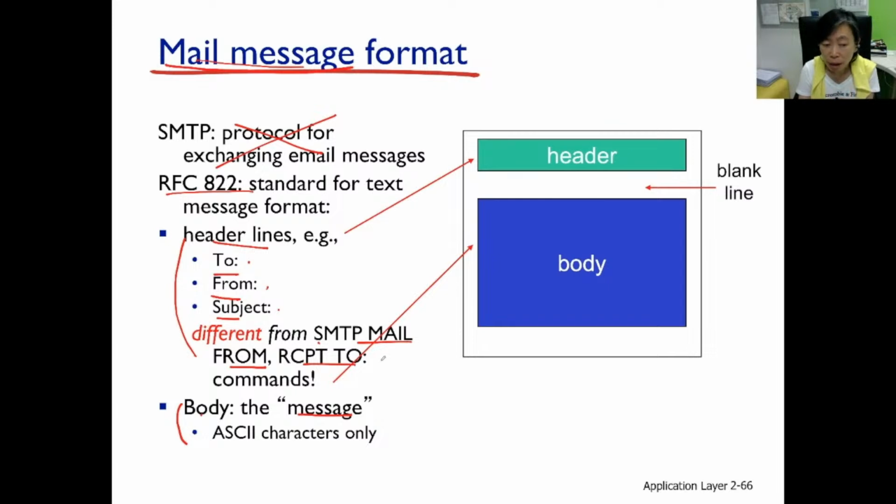RCPT TO, after the colon, gives the recipient's email address. So it sounds a little like the To line and the From line in the header, but they are completely different things. Those go in the data part, while these go earlier, setting up a connection ready for data exchange.